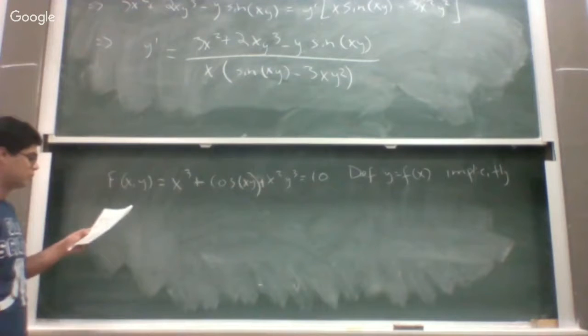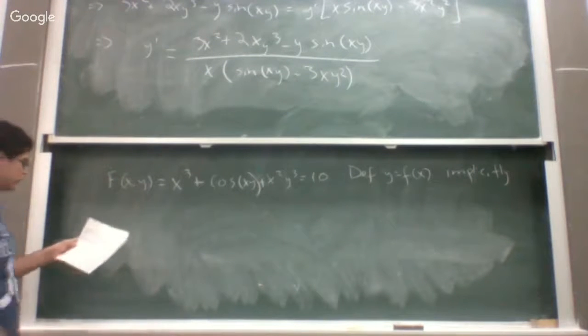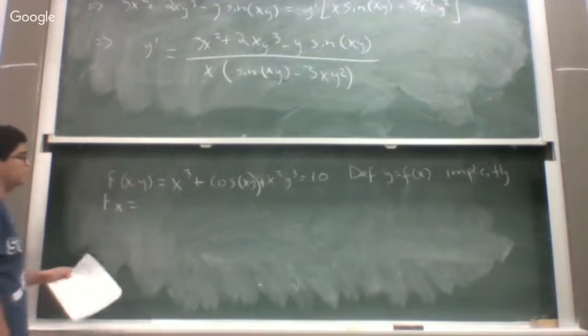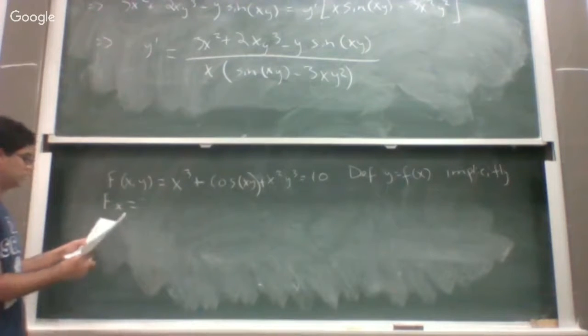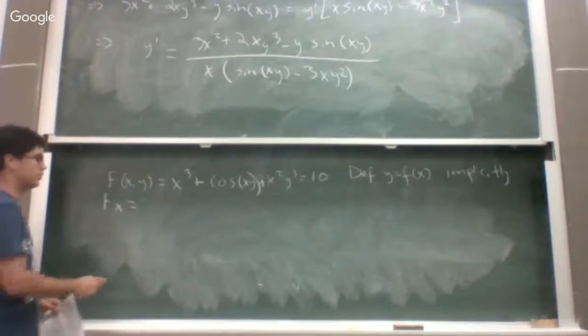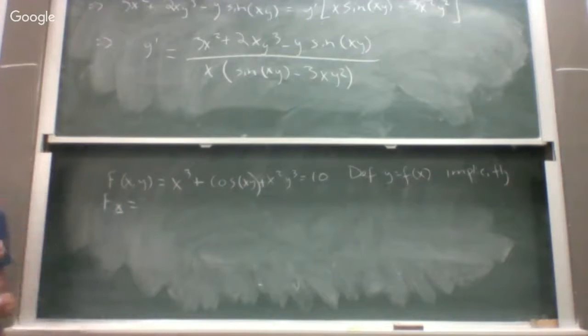Okay. For part B, we have to use the implicit function theorem. So what is f of x? That is taking the derivative while holding what constant? Y, because it's taking it with respect to x.